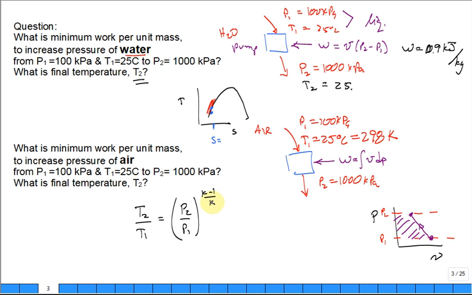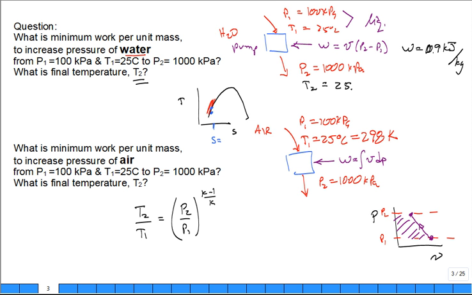Have you seen that equation? One of our most popular equations for this chapter dealing with gases undergoing isentropic processes. There are assumptions here. Don't apply this for water. Don't apply it for two-phase steam. It applies for an ideal gas with constant specific heat undergoing an isentropic process.